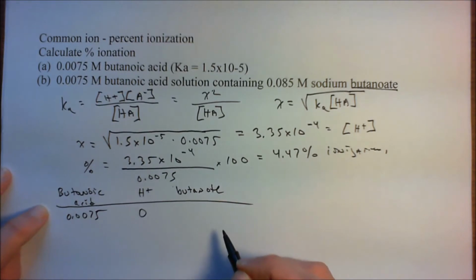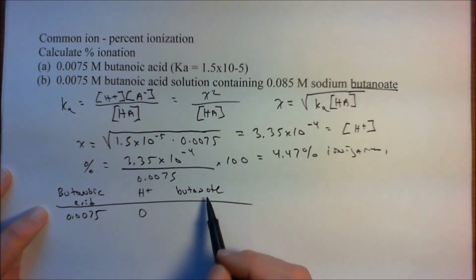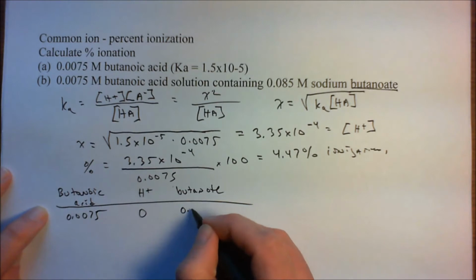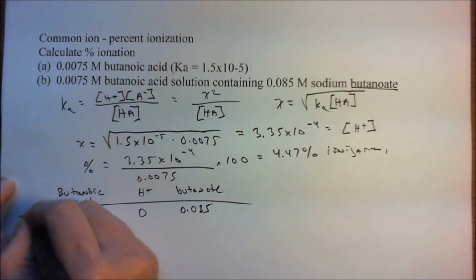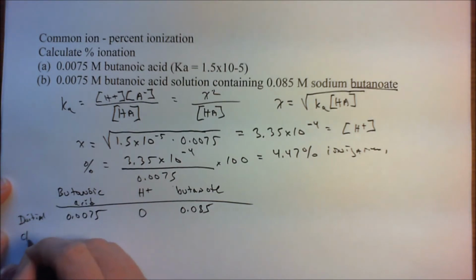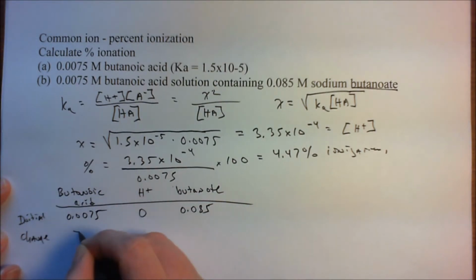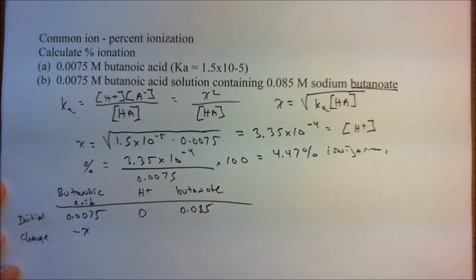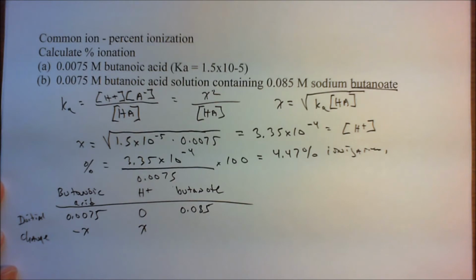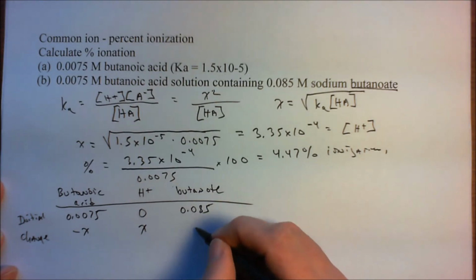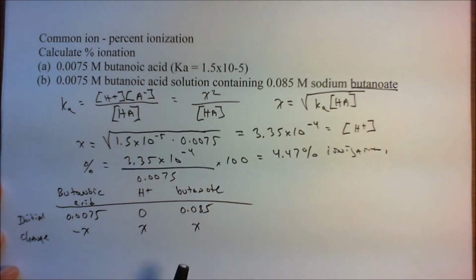It's 0 for the H plus concentration, and butanoate is 0.085 molar. That's our initial. Our change is going to be minus x, because the butanoic acid is going to dissociate a little bit. Therefore, since it's monoprotic, we're going to pick up an x, and we're also going to pick up the same amount in moles for our butanoate conjugate base. And our final, let's just add them up.